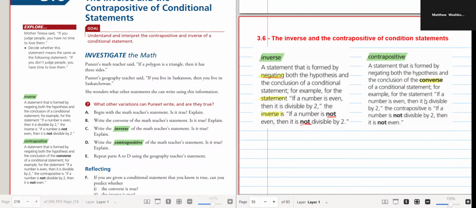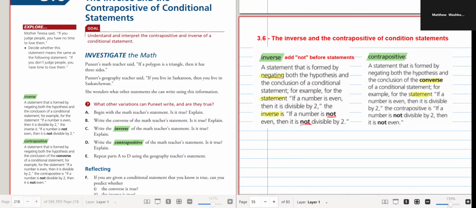So, for example, for this one, if I give you the regular statement of if a number is even, then it's divisible by 2, the contrapositive is if a number is not divisible by 2, then it is not even. So for this one, you basically add not before the statements.